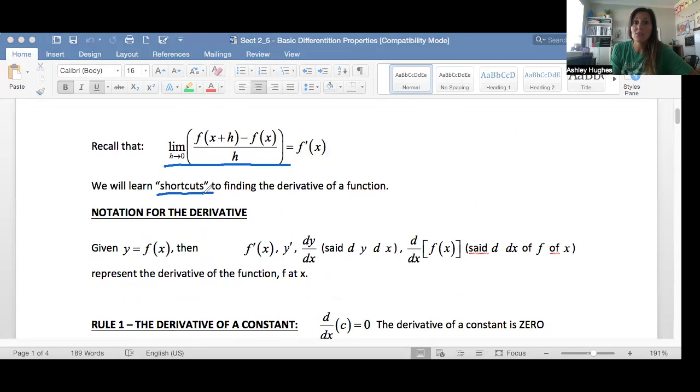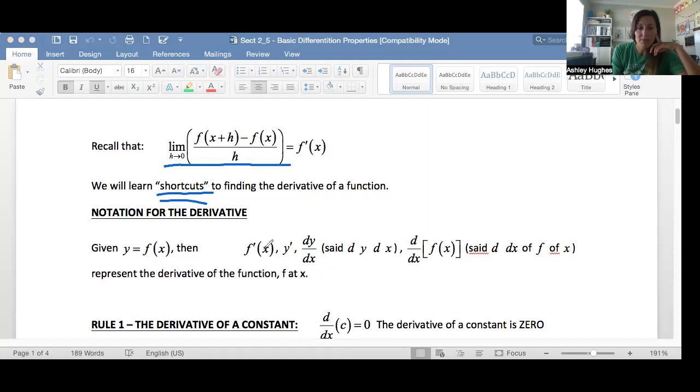Now, there are lots of shortcuts. We all say, hooray, who likes a shortcut? I know I do. So first, these are just some notation things. Essentially, there were a couple of people working on calculus at the same time, developing this type of thinking concerning mathematics. And so we have these different notations because they denoted the derivative a different way. We still have those different notations today.